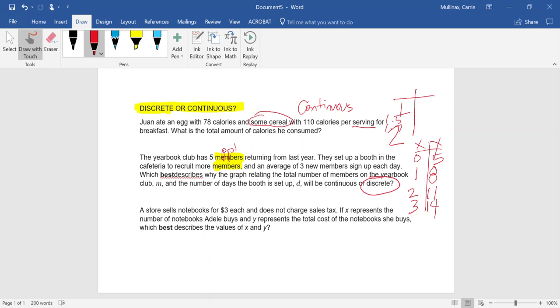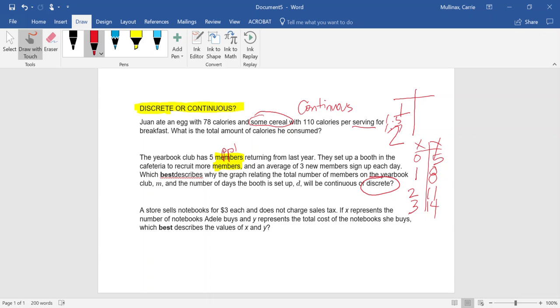So that's what we mean by the numbers in between do not make sense, because you're not going to have half a day go by with 1.5 people signing up. So it is limited to just the points that we're plotting here. You can have half a day, but you can't have half of a person.